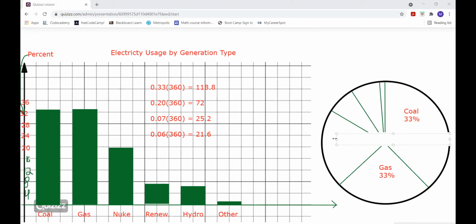So we got coal, gas. This is my nukes, what percentage was that? 20%? Yeah, 20%. I think it was 20%. Yeah, it says it right here. And renewables. So there's probably not enough room to write renewable.